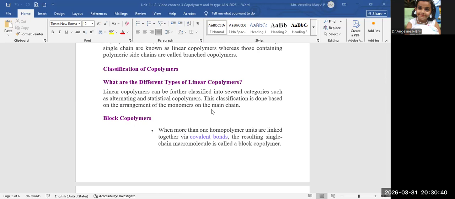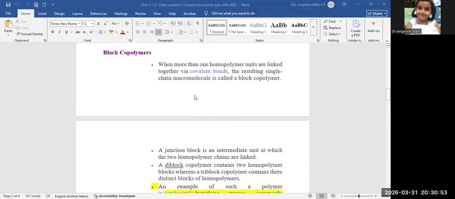Whether the monomers are present randomly or in an alternating manner, the copolymer is classified based on that arrangement. The first one is block copolymers. When more than one homopolymer unit is linked together by covalent bonds, the resulting single chain macromolecule is called a block copolymer.